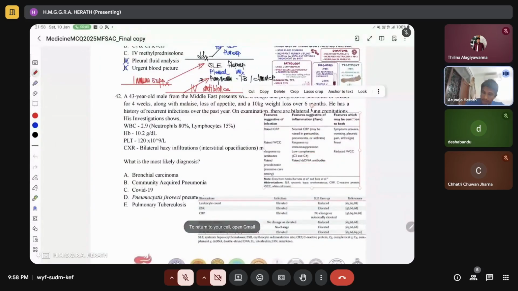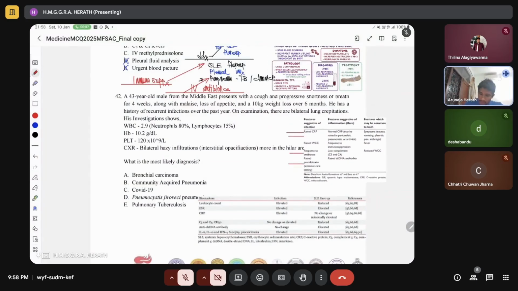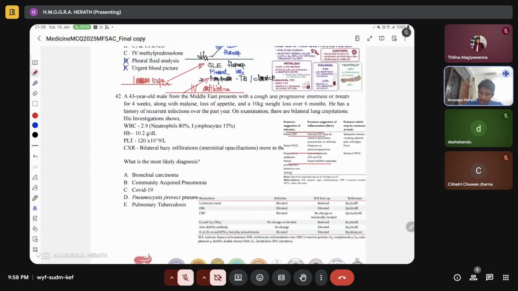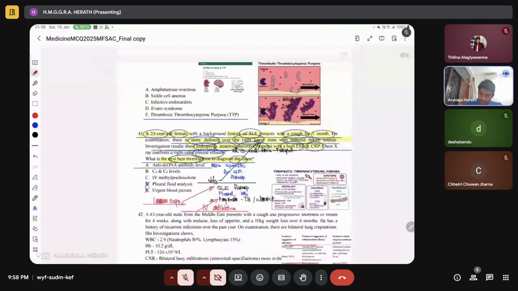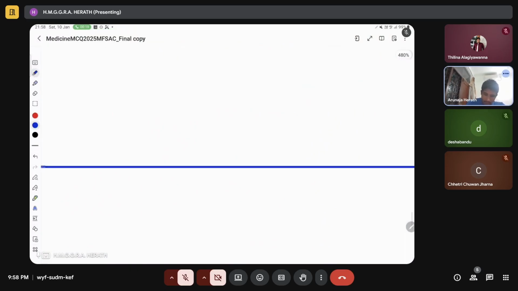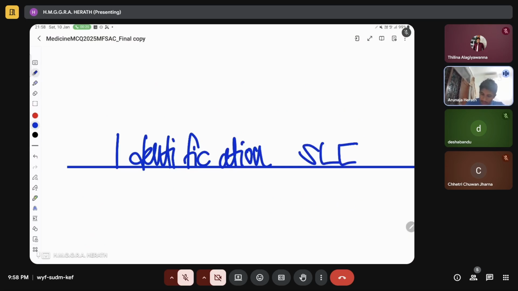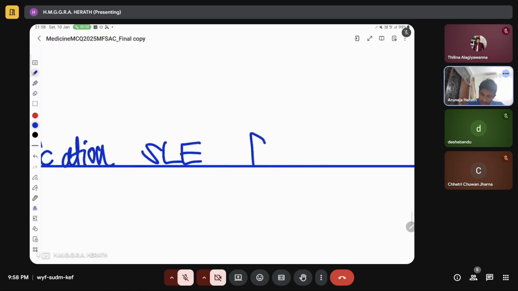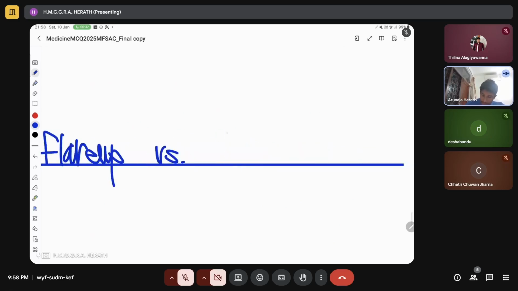So yesterday, last time, we mainly discussed the identification of an SLE flare-up versus an actual infection in an SLE patient, right? Because the immunity in SLE patients is very low, they can commonly get infections.